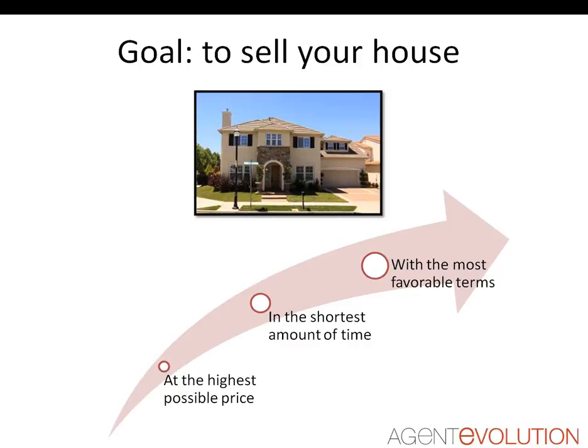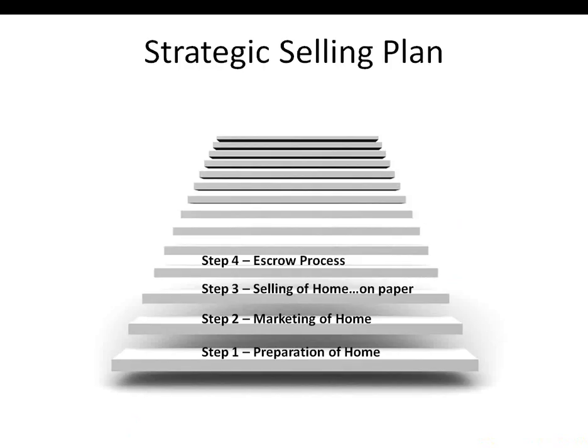Then you need to express that commitment, the goal of why you're here. Why are you here, of course? To sell their house. And of course, you want to do that at the highest possible price in the shortest amount of time with the most favorable terms. And you're going to do this with a strategic plan. So you want to outline, have a plan ready.